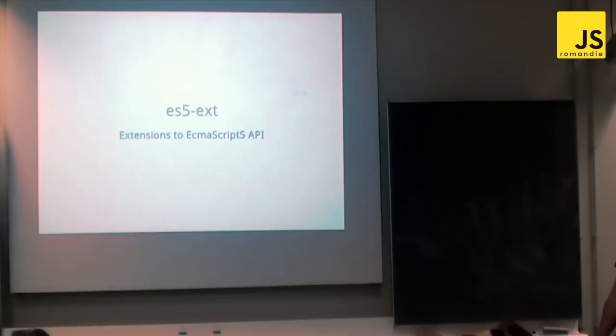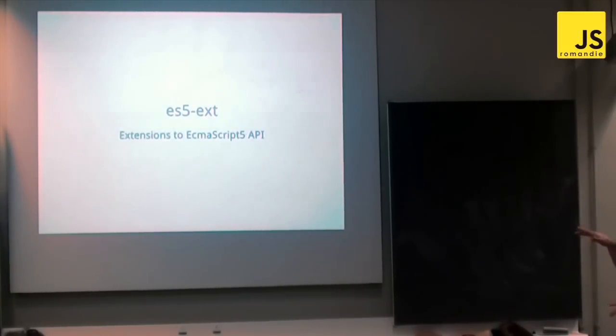And some more low-level modules, a few words. Do you use underscore? Not much. Yes. ES5-ext is something like a modular underscore. It's functions that extend the standard, but very modular. Each function is a separate module, so we decide explicitly which modules we use.